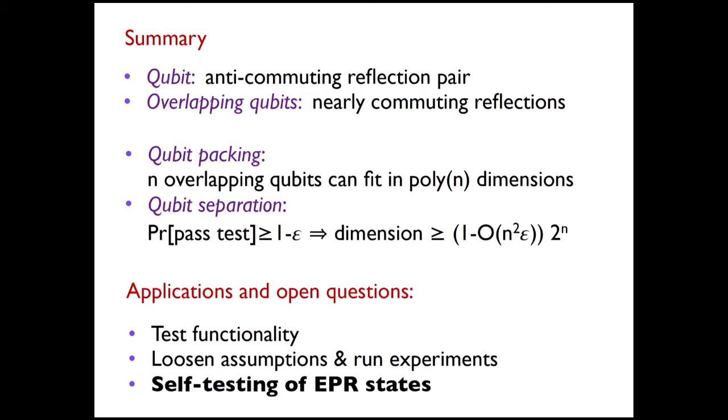An interesting open problem is to generalize our result to test for the functionality of a quantum system, not only its dimension. Also, it would be interesting to make our dimension test robust to noise and implement it in experiments. And last but not least, our dimension test is only a corollary of a stronger result, which has close connection with self-testing of EPR pairs, which is the topic of Andrea's talk. Okay, thank you.